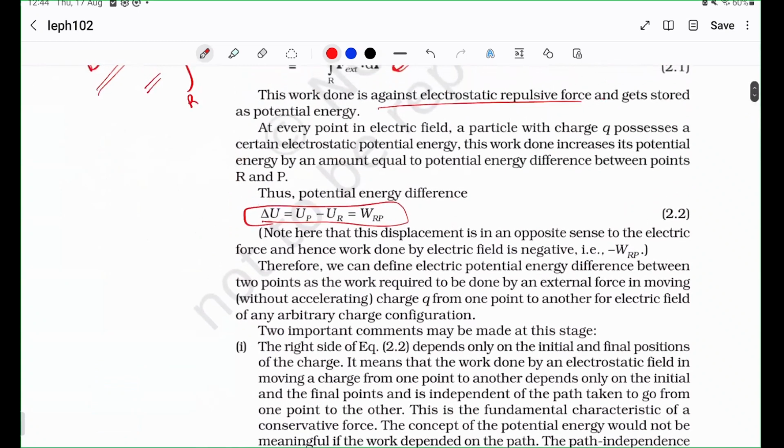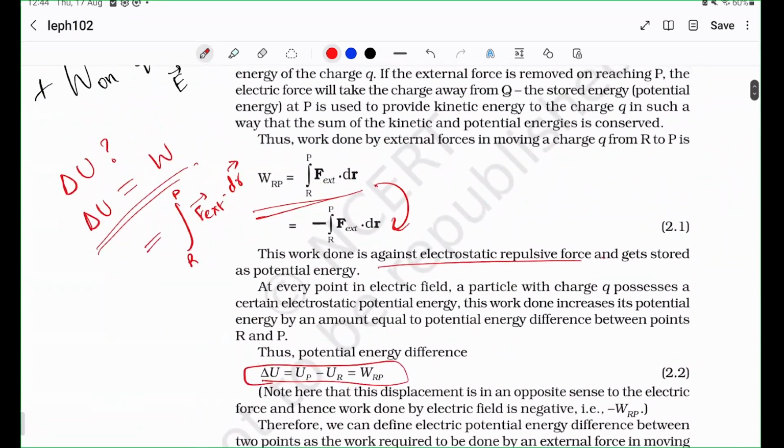So now we come to a very important point. In electrostatics, please note this word statics very, very carefully. In electrostatics, the work done from R to P is independent of the path.